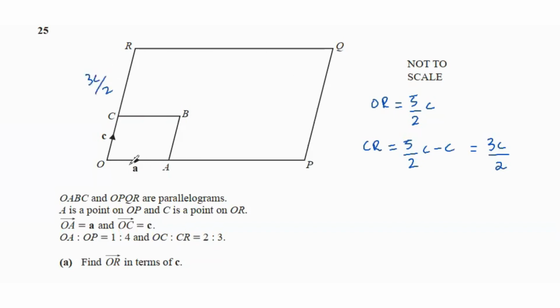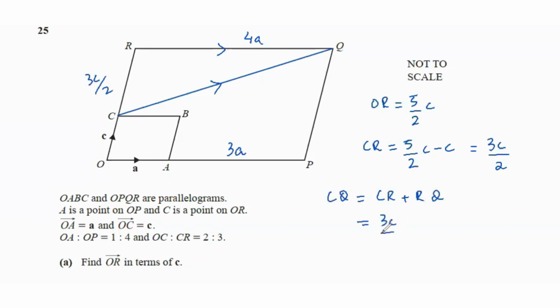If this is OA and OP is given as 4, that means this is going to be 3a. And this total, since these are parallel, is going to be 4a as well. And we're trying to find CQ. So CQ is going to be CR plus RQ, which is going to be 3c/2 plus 4a.